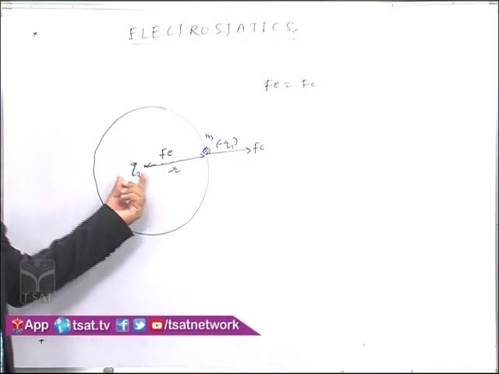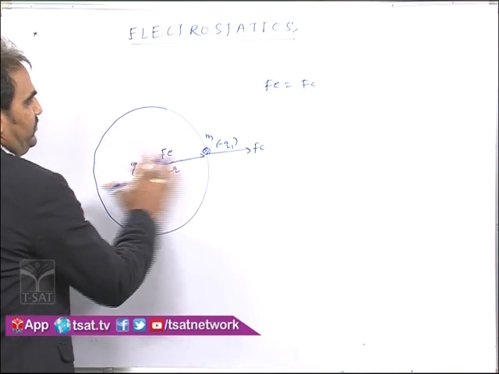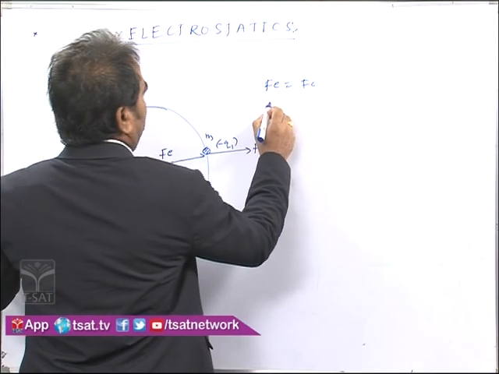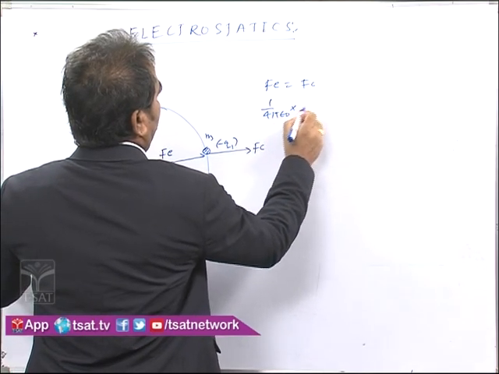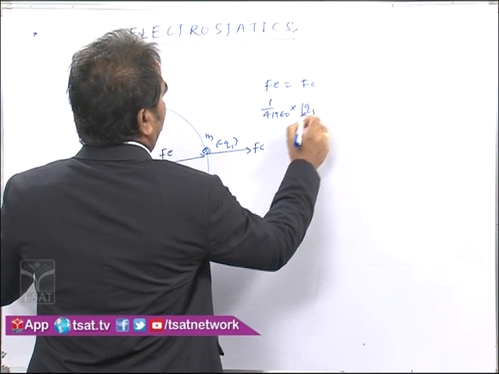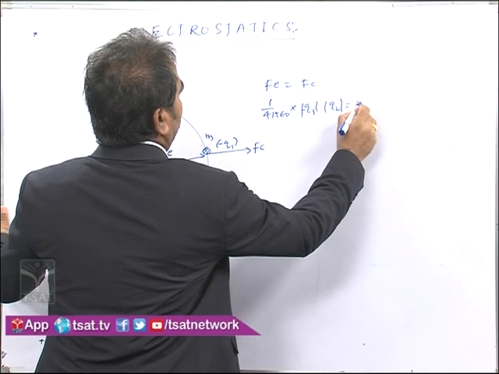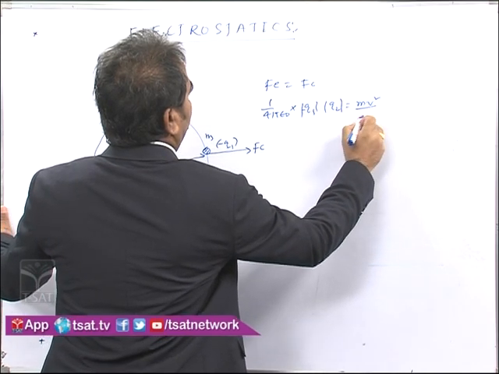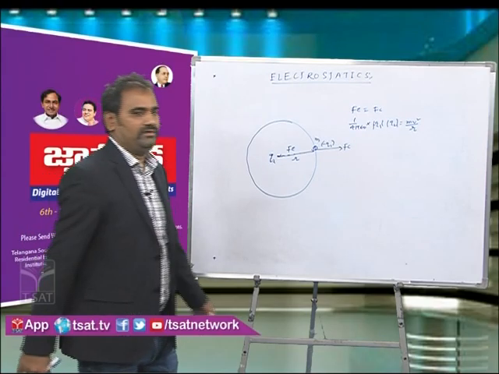What is the electrostatic force of interaction between these two charges? It is given by 1 by 4 pi epsilon naught into mod of q1 into mod of q2 upon r square, which is equal to mv square by r, where mv square by r is the centrifugal force.